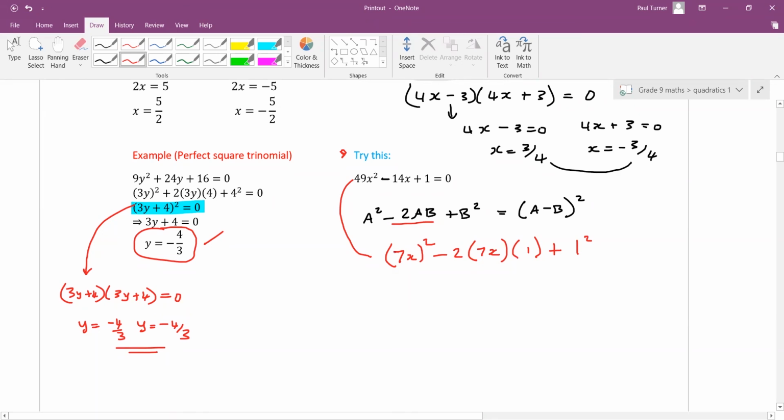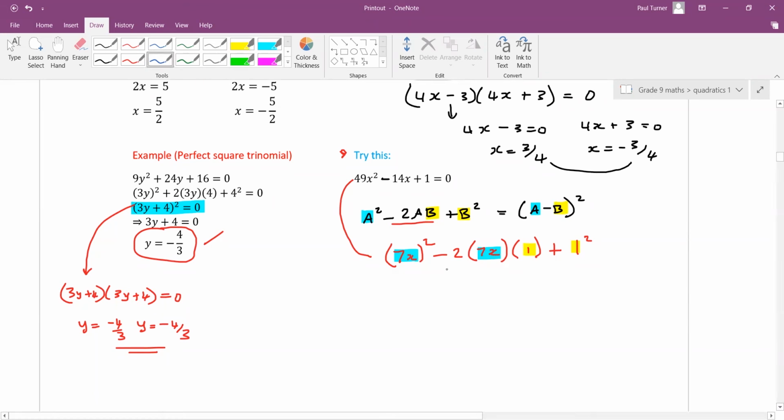Okay, does that make sense? So a squared, 7x squared, minus 2ab. So let's put them in different colors. So that's a, which is here, and then b in yellow here. And then you're going to have a and b here.